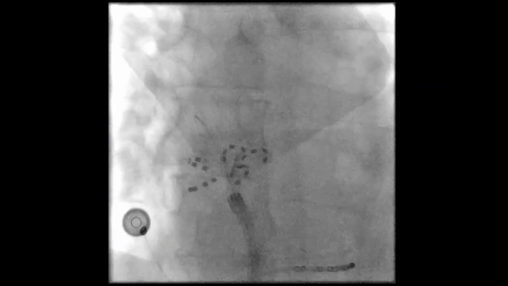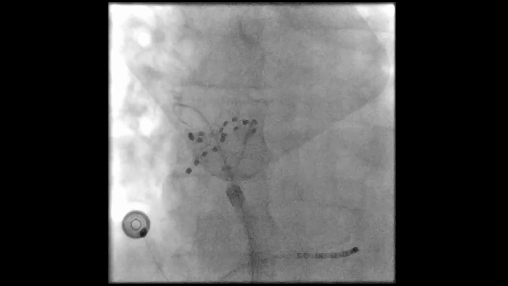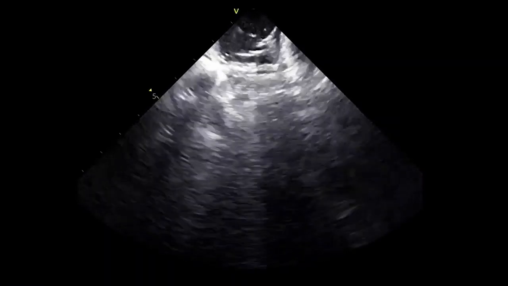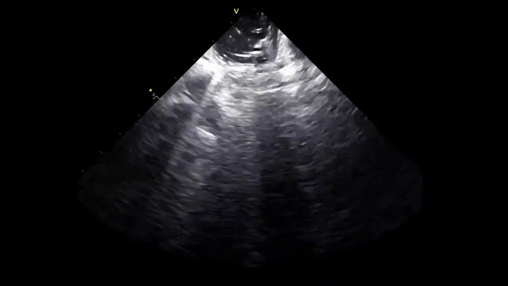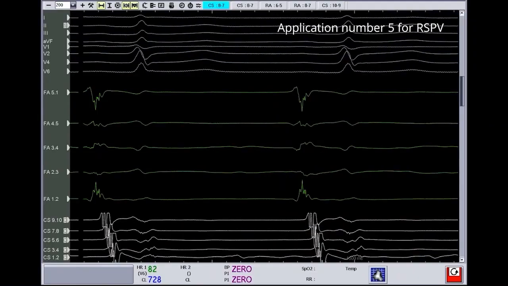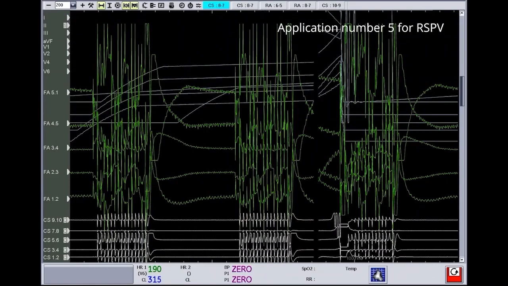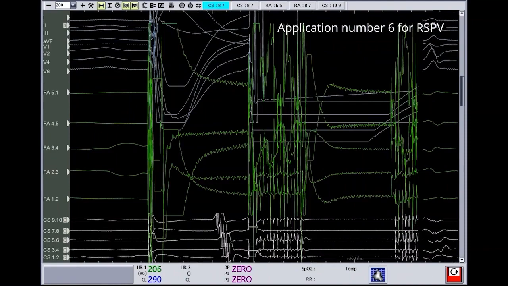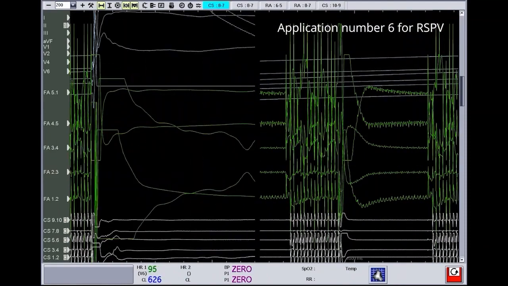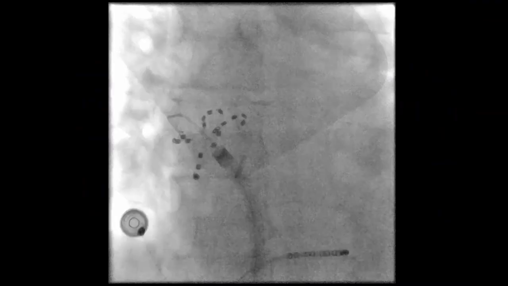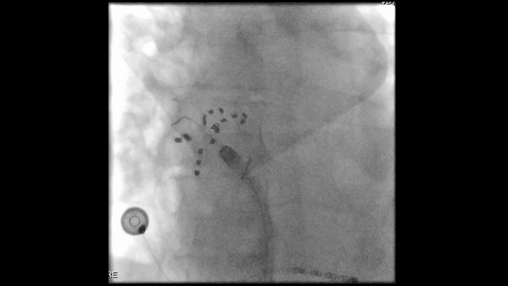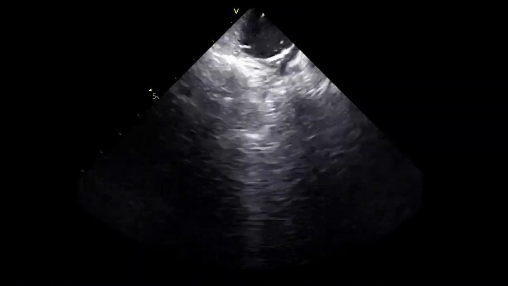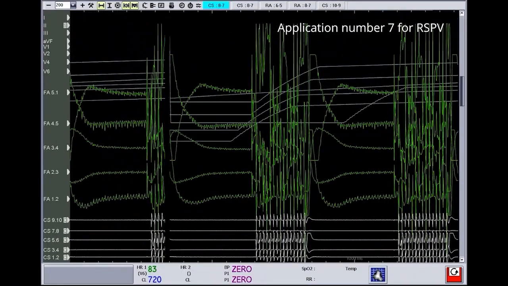Then the catheter is changed into flower configuration and the position is optimized based on fluoroscopy and ICE. 2 applications are again delivered. Catheter is rotated about 30 degrees and position is checked on ICE. Additional 2 applications are delivered.